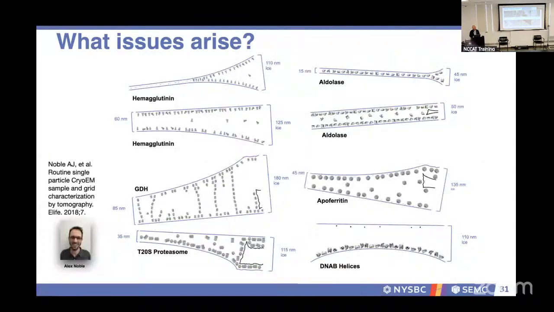So the idea for sample preparation is that you get something like in the upper right where you have that ideal cartoon figure where you have a monolayer of single particles that are not touching each other in randomly oriented distributions and a very thin layer of water. Whereas the reality may be these other cases as you see here.